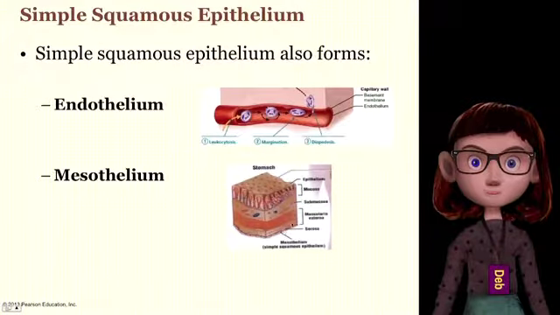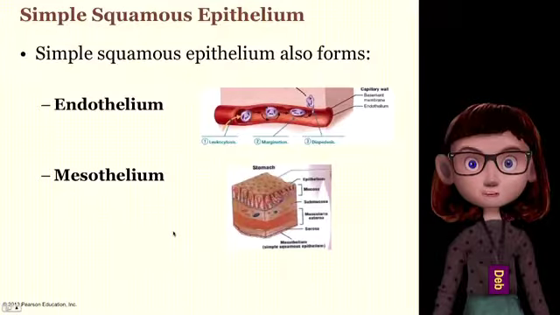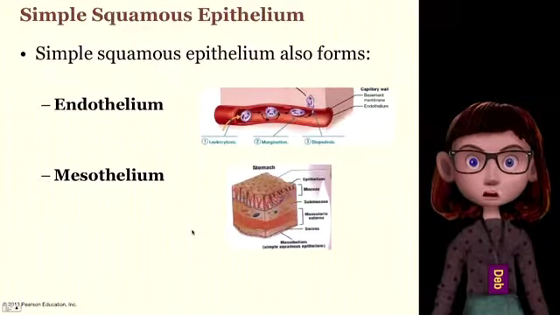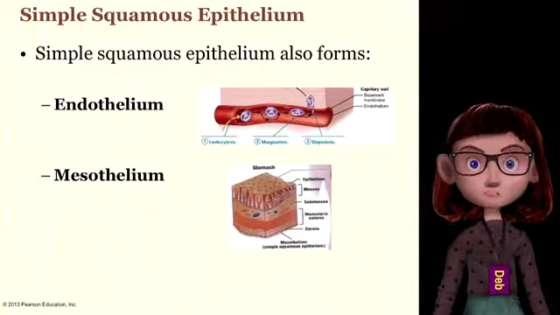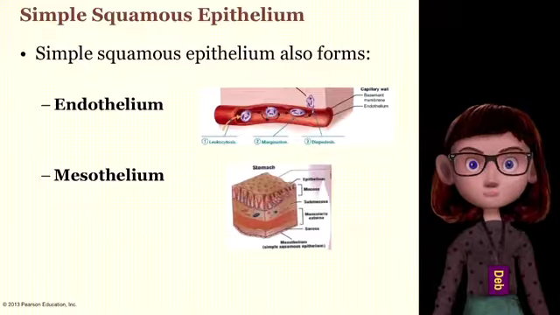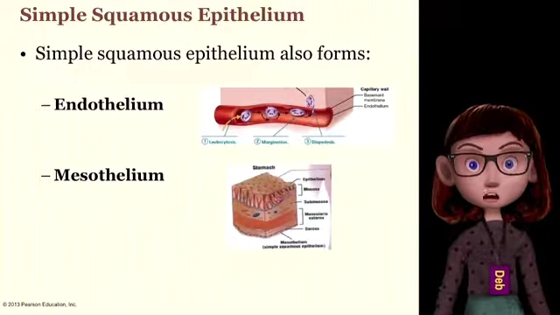In between is a fluid, the serous fluid, but this mesothelium is a simple squamous epithelium. You may have heard of the disease mesothelioma, and that is actually a cancer of the serous membrane that goes around the lungs, the pleura. And that is often caused by chronic exposure to asbestos.